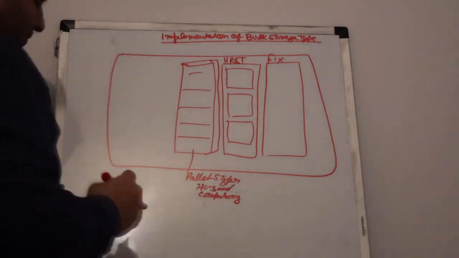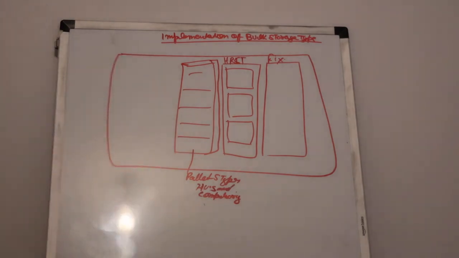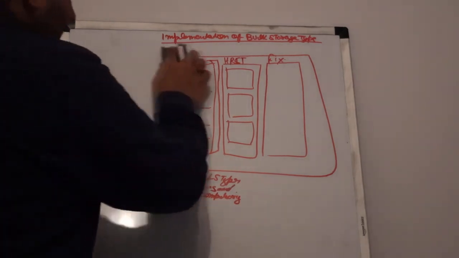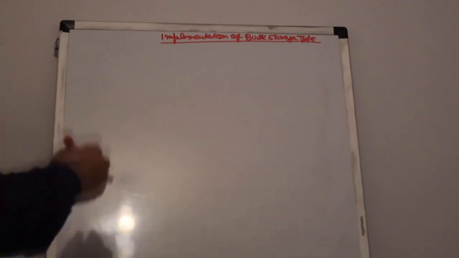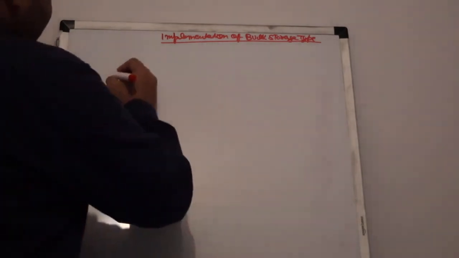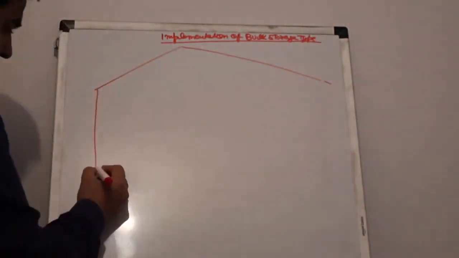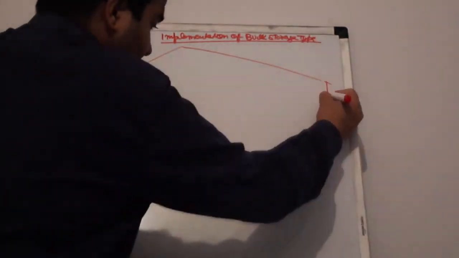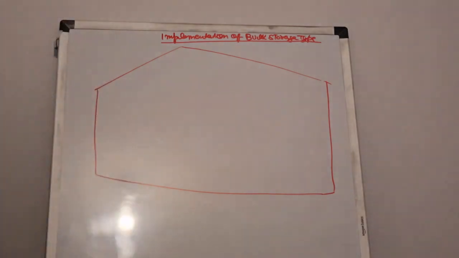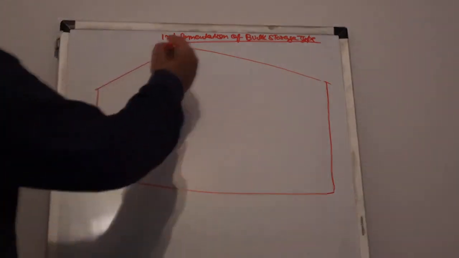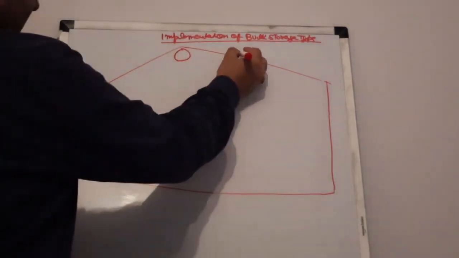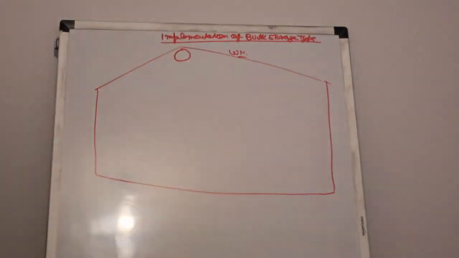Why do we require the bulk storage type? Inside the warehouse or outside the warehouse? Now I'm going to show you here. See carefully. Suppose this is your shed or godown of your warehouse. Okay, this is another area, or for example, this is a warehouse for bulk storage.